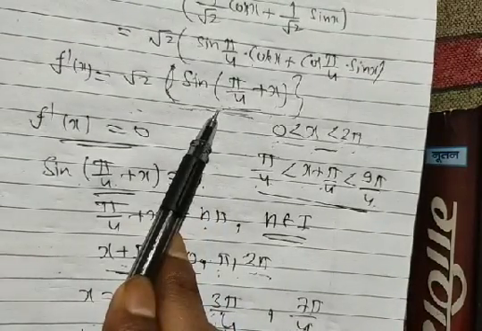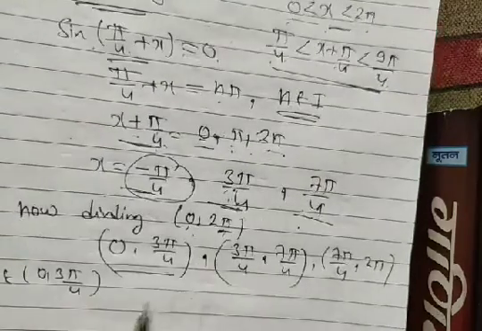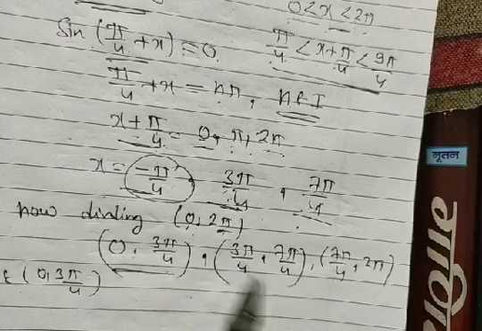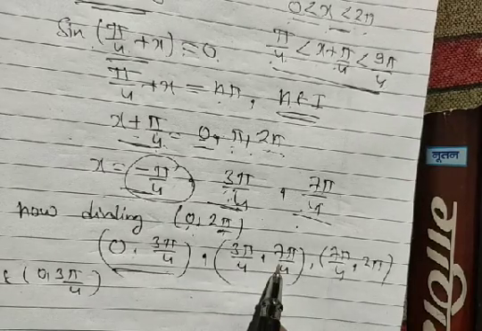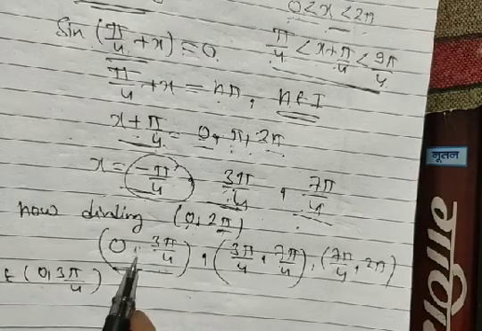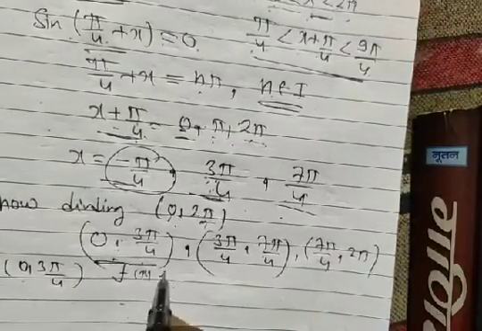Then in this interval our sign is positive. When we take a value like pi by 4, obviously the sign is positive there. Then in this case our function is increasing.